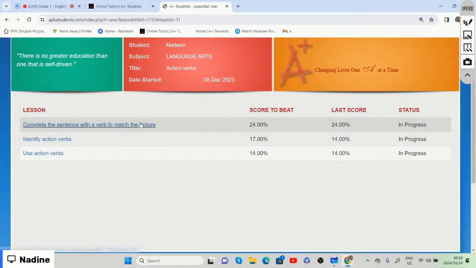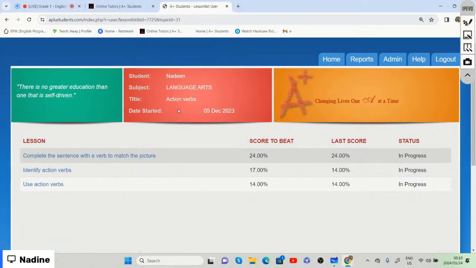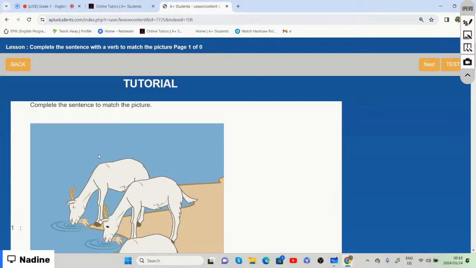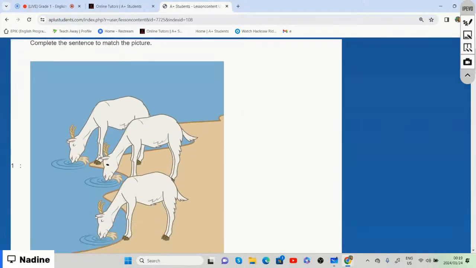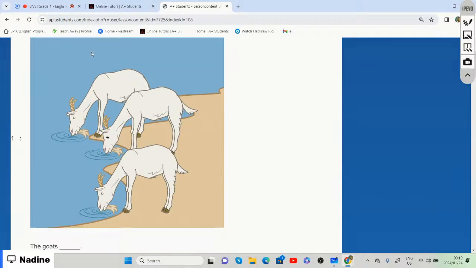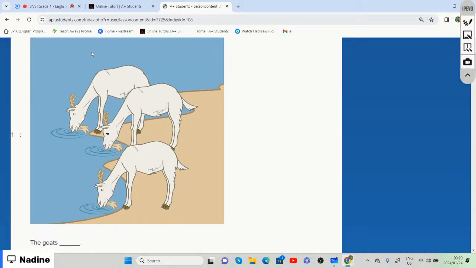And the first lesson, we said our chapter is action verbs. And the first lesson that we're going to be focusing on is to complete the sentence with a verb to match a picture. So now we're going to complete the sentence to match the picture.